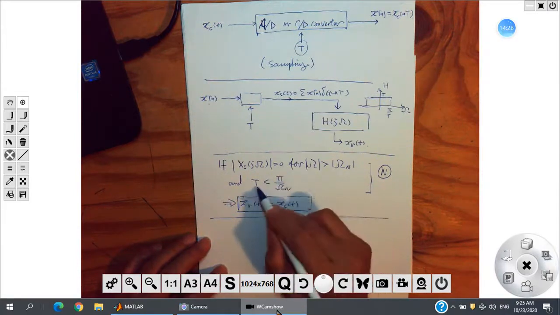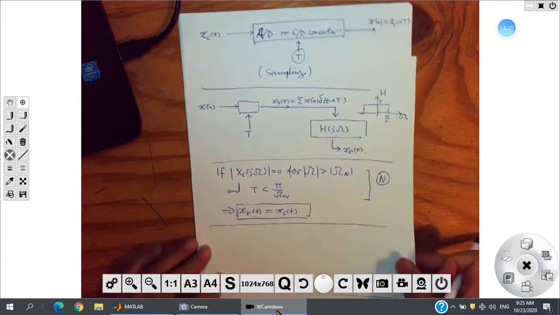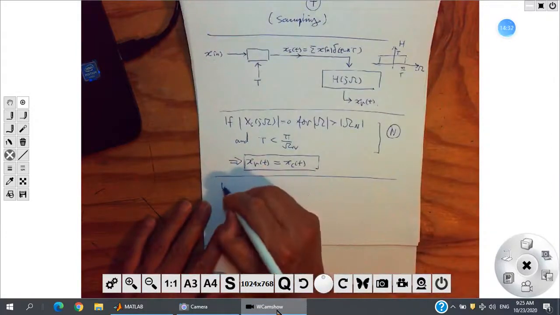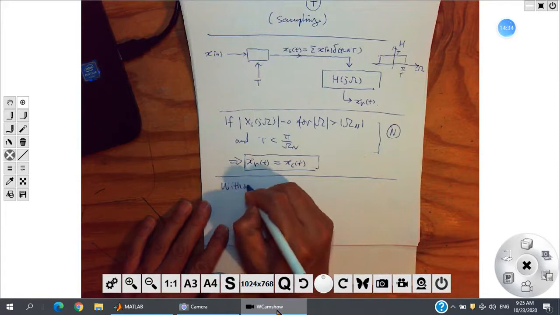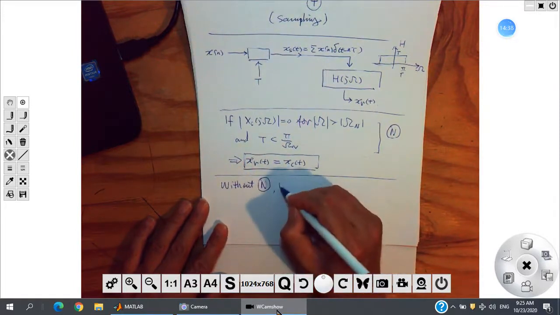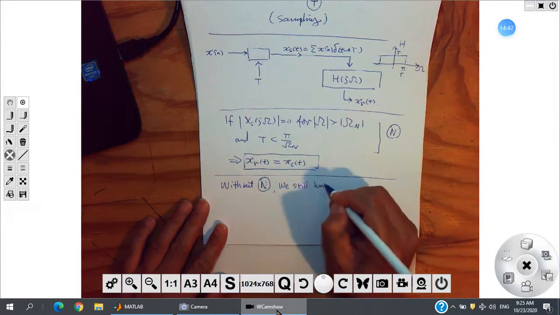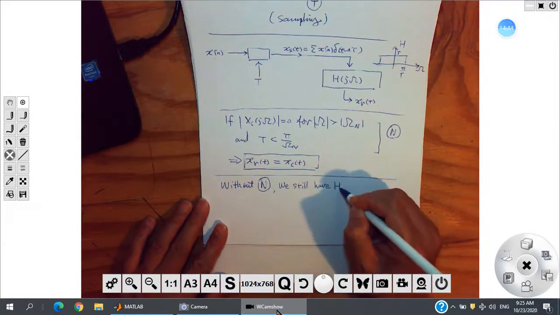T should be smaller than this step. This is the condition. Without the condition, we still have H. We still have all of these.